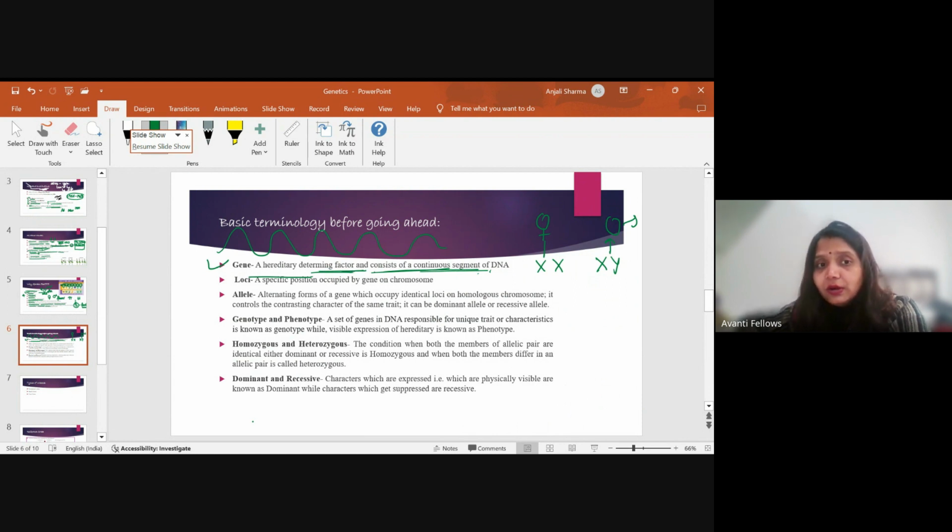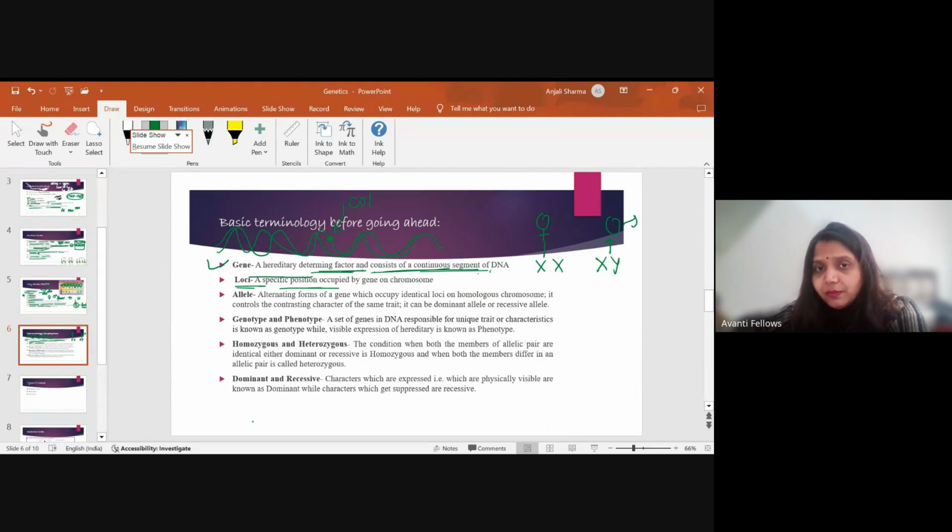Correct? Loci is that particular position. You must be aware that chromosome is what? Double stranded. Okay, that 2 strands are moving together. Correct? It is a double stranded thing. So on a particular chromosome, at this particular place, this is the character for, suppose, your color of hair. Okay, I'm just talking about humans.